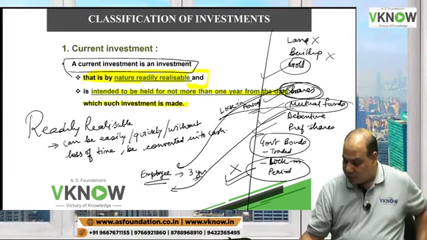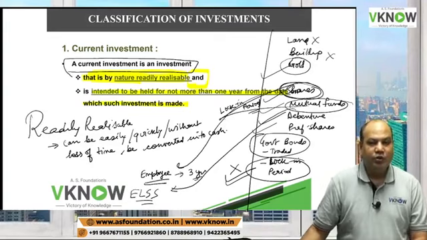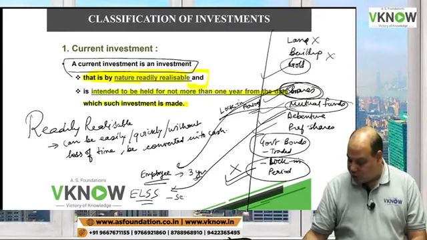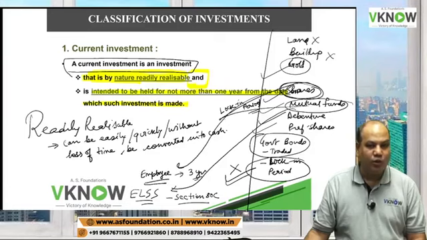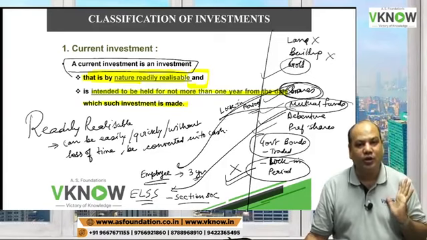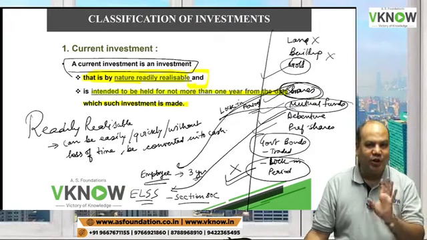Similarly, mutual funds, if you invest in an equity linked saving scheme mutual fund, ELSS, section 80C, you will learn or you have learned, I don't know, which says that you can invest in an equity linked saving scheme of a mutual fund where you will get a deduction up to rupees 1,50,000. However, once you invest in this ELSS mutual fund, your funds are blocked for 3 years. That means for 3 years you can't realize. Hence, it will not be a current investment.